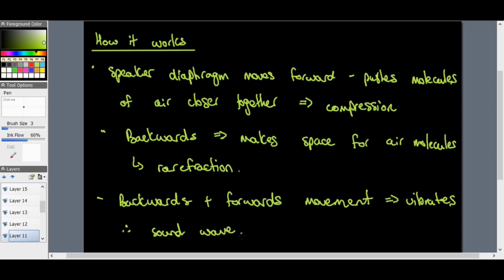Particles move backwards and forwards. That diaphragm moves backwards and forwards and pushes out those particles, and then you have a longitudinal sound wave. And that's how it works.